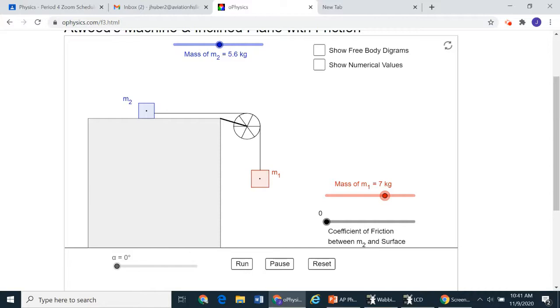As it turns out, that's actually true. When there is friction, if M1 is a lot smaller than M2, as shown in this configuration, then the object might not move. But because the situation is frictionless, basically no matter what, the system is going to move.